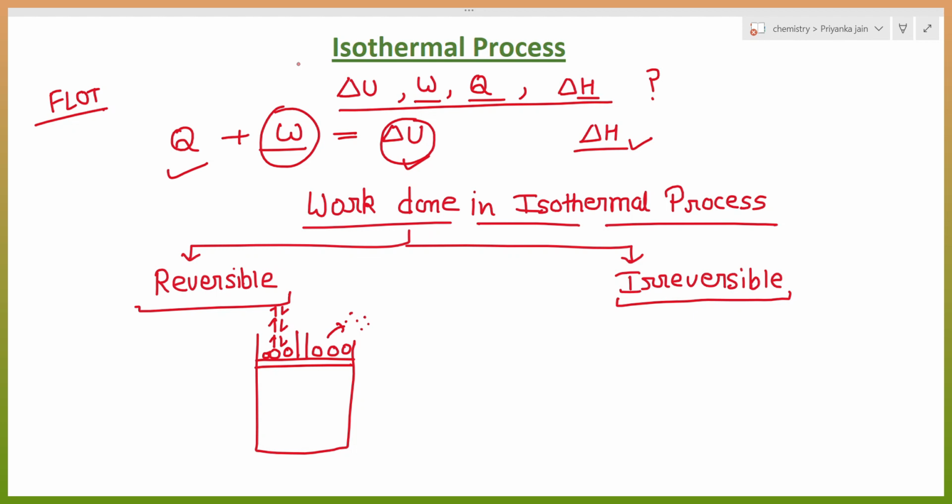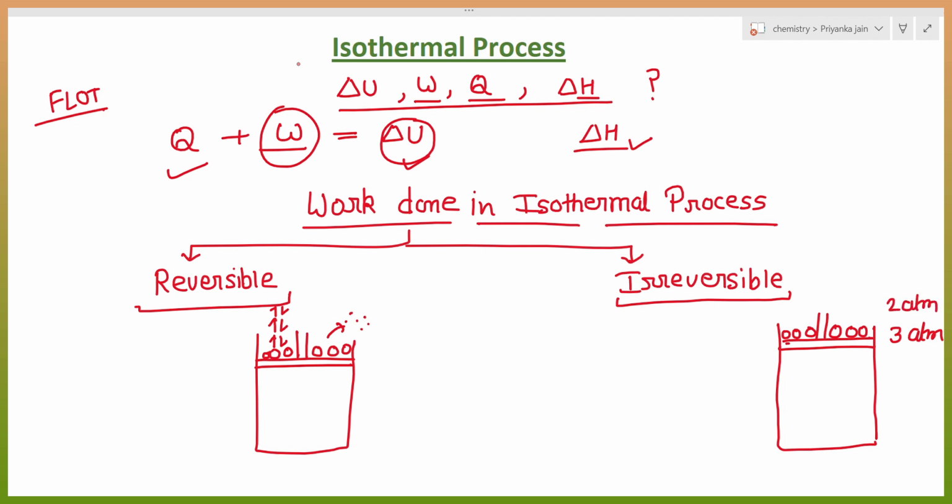Suppose we take a gas cylinder, and here is the pressure and this is the piston. Now we want to decrease the pressure, so we can do it in one step, or two steps, or three steps. Suppose here the pressure is 3 atmosphere, and then we remove some of the pressure and bring it to 2 atmosphere.